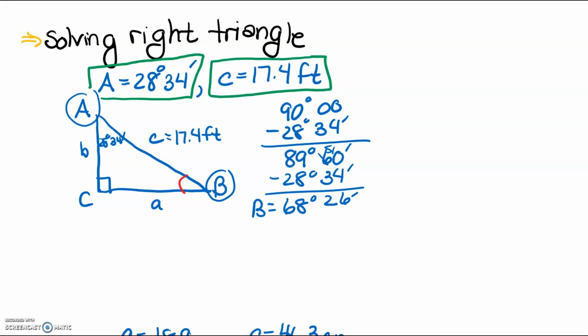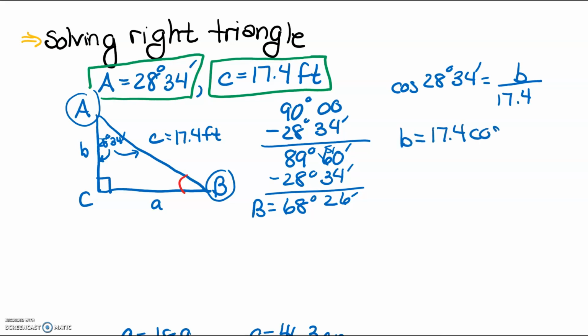So I'm going to find little b by saying, okay, little b is adjacent over hypotenuse, so that's going to be cosine. Cosine of 28 degrees 34 minutes is going to be little b over 17.4. And so when I solve for little b, I get 17.4 cosine of 28 degrees 34 minutes. All right, so remember when you enter that in your calculator, that will be cosine of 28 plus 34/60.